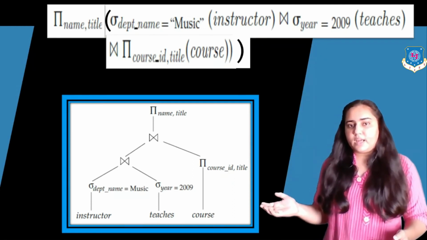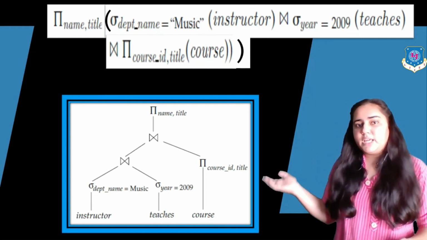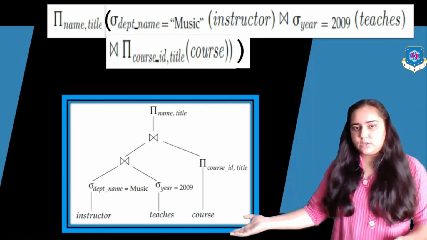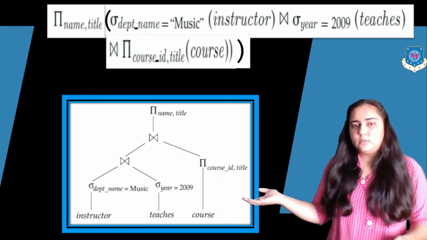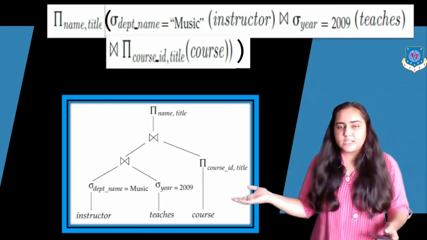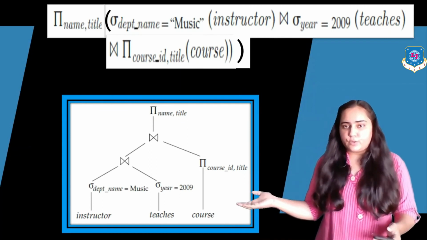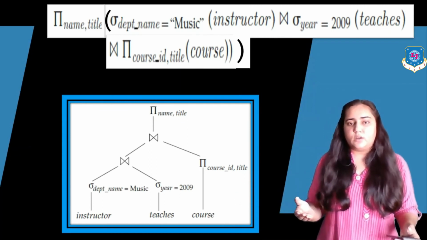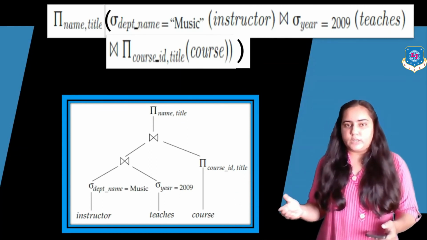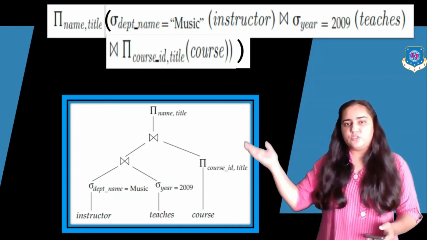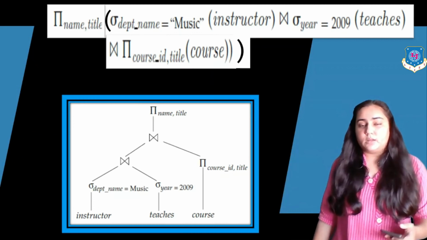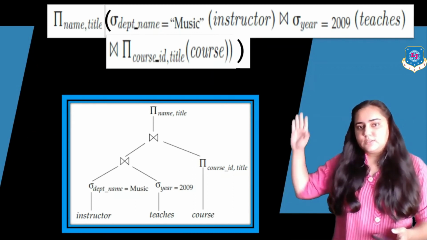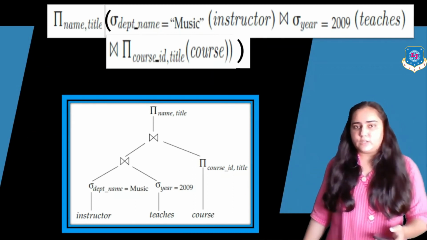And with that, I can also apply the pi condition to course, which you can see here, course and then pi condition with course ID and title. And then I can take a natural join of course with the result of instructor natural join teachers. And once that natural join is taken, I simply have to do pi course ID, name, title. So this is what my tree looks like.